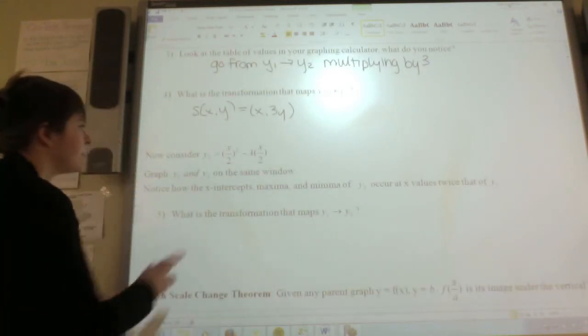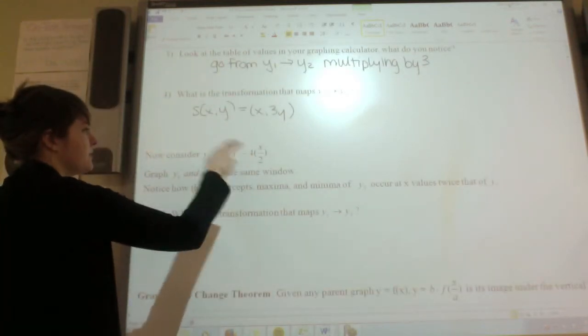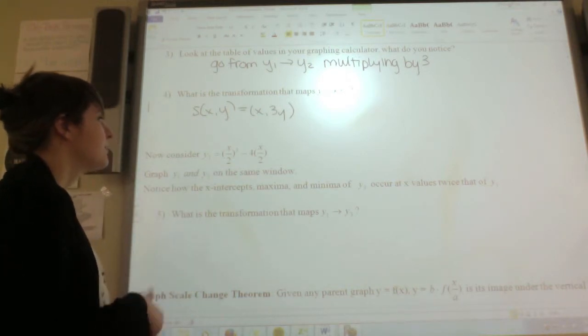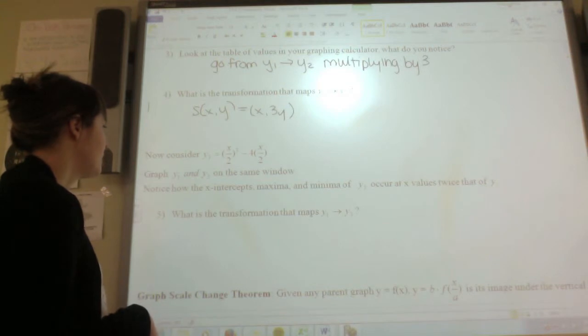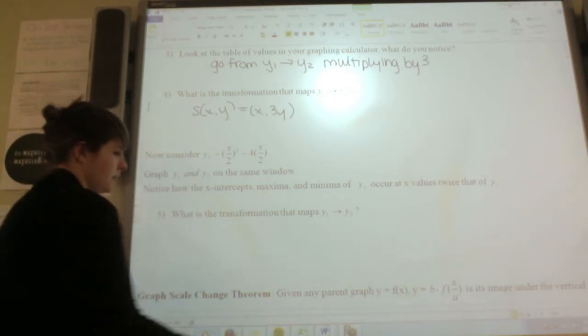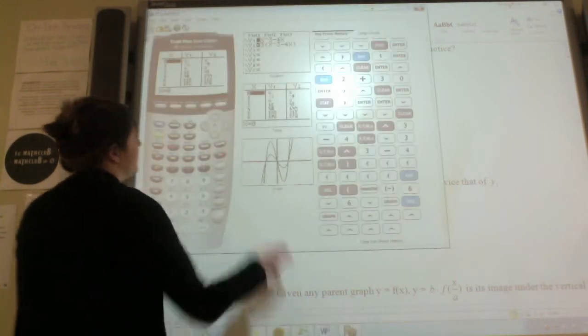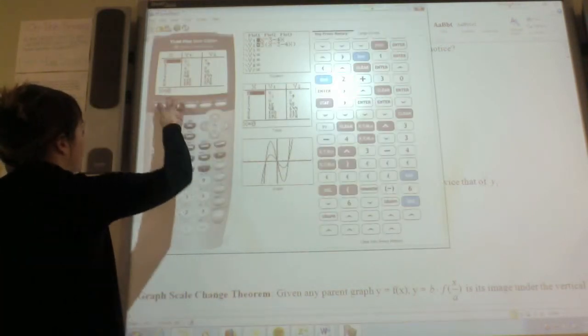Now, I want to consider y3, which is this function here, the quantity x over 2 to the third minus 4 times the quantity x over 2. And I want to graph y1 and y3 on the same window. So I'm going to get rid of my y2. I'm just going to unhighlight it.